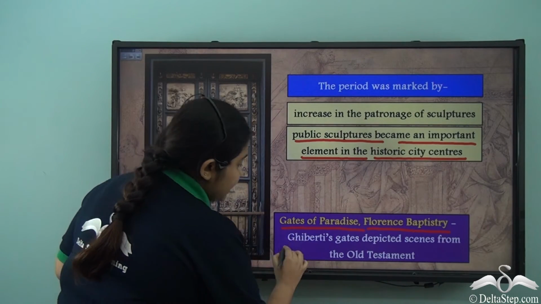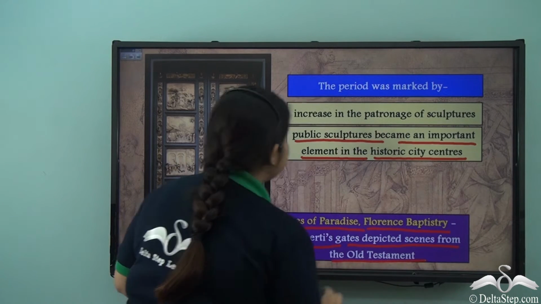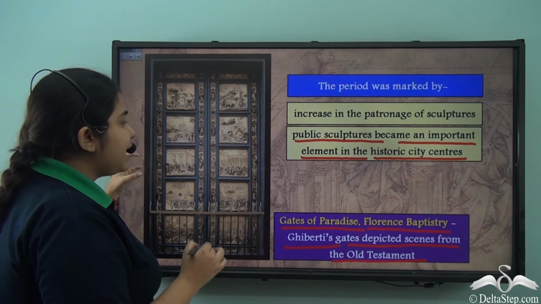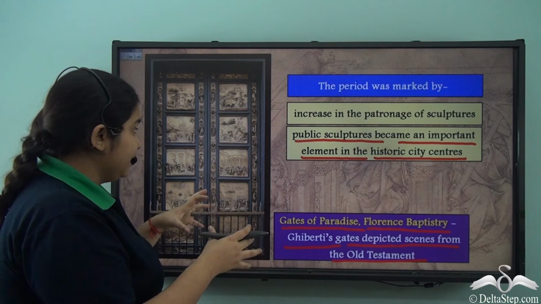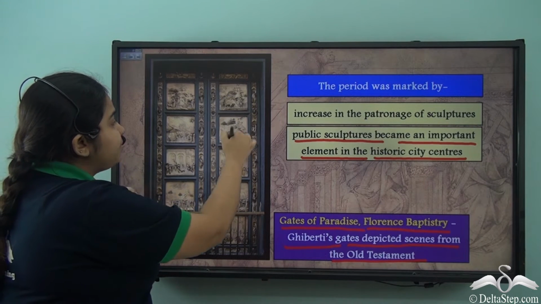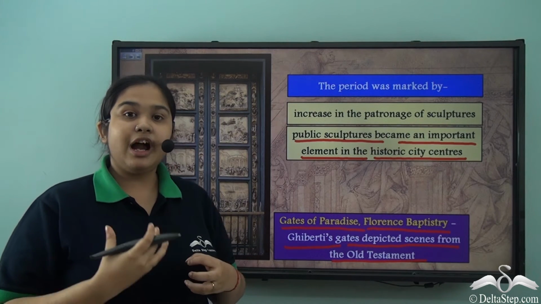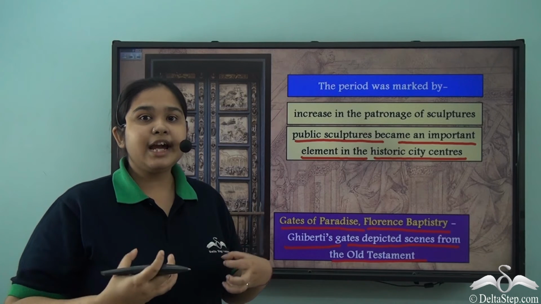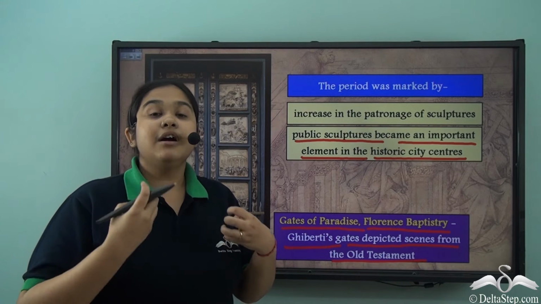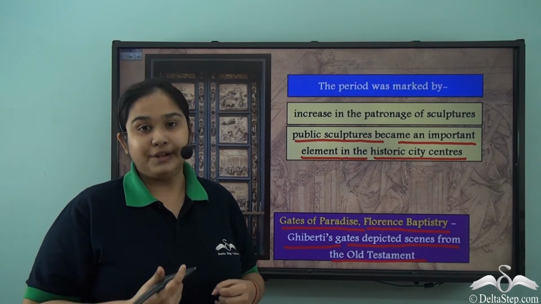This is Ghiberti's gates, which depicted scenes from the Old Testament. As you can see, this gate is not particularly attached to a monument, and it shows here in the boxes various scenes from the Old Testament. So we have seen that art and architecture ultimately, many a times represented various religious scenes, and their depiction was also important at this point of time.